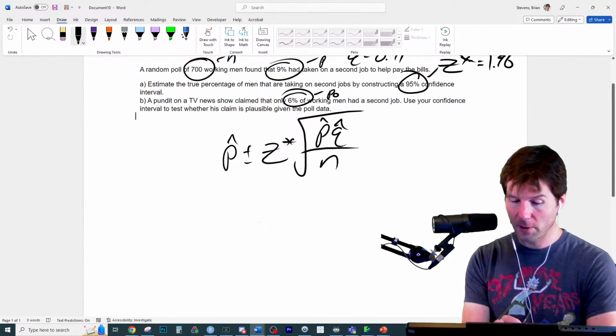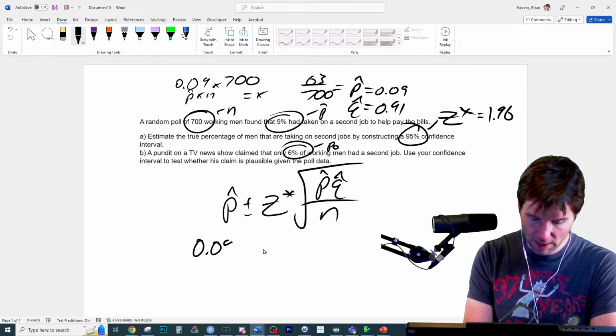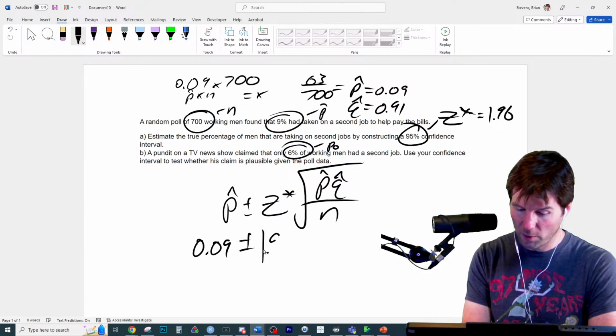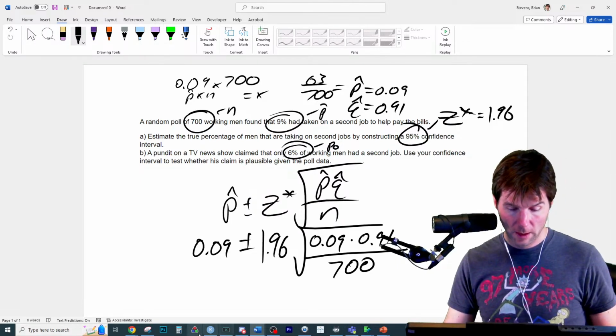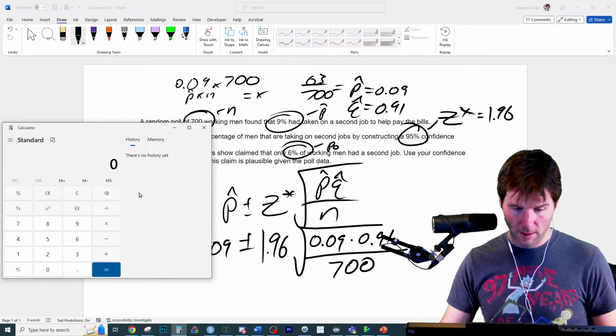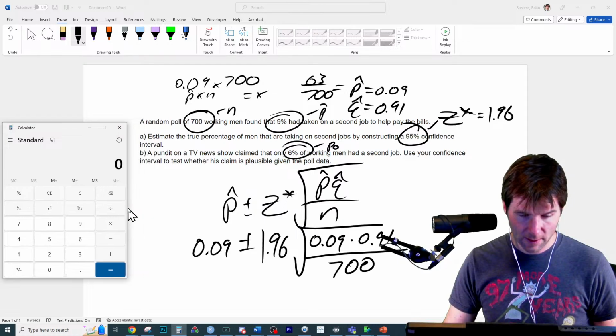Now we go down here. The sample proportion is 9% plus or minus 1.96 times the square root. I just don't like the history locked, I like a smaller calculator.